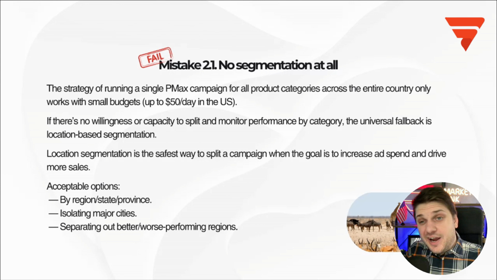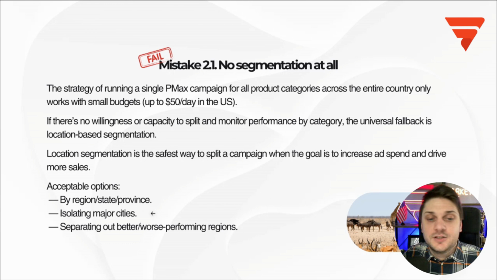Because if you don't have segmentation and you scale budget, Google may think, wow, you have enough budget for search, you have budget for shopping, okay, we can show you even in apps. But by at least segmenting via location, you will avoid losing your budget and you will have better results.